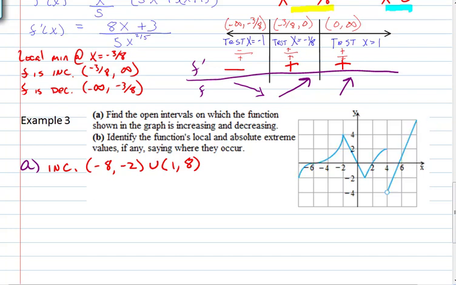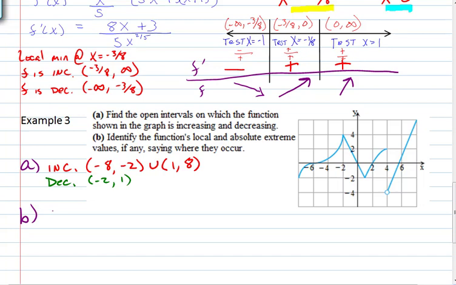It's decreasing from -2 to 1, right? All right, looking at the graph only. Identify the function's local and absolute extrema values, if any, saying where they occur.